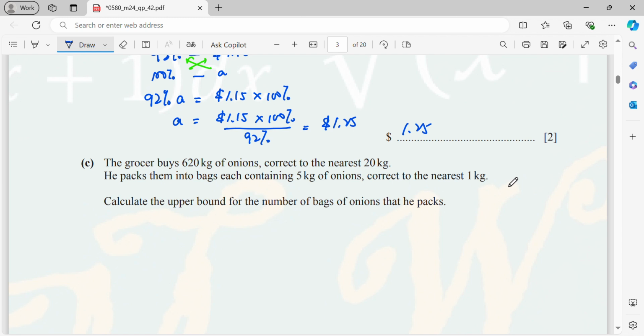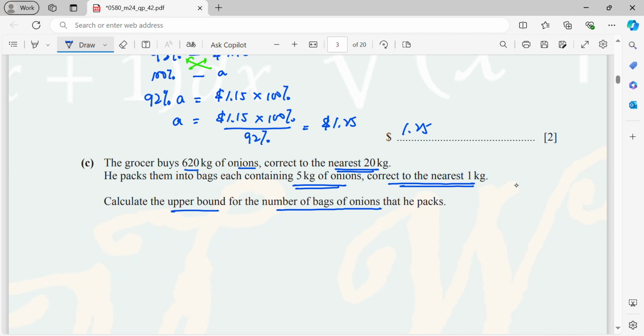Now, part C. The grocer sells 620 kilograms of onions, correct to the nearest 20 kilograms. He packs them into bags, each containing 5 kilograms of onions, correct to the nearest 1 kilogram. Now calculate the upper bound for the number of bags of onions that he packs.